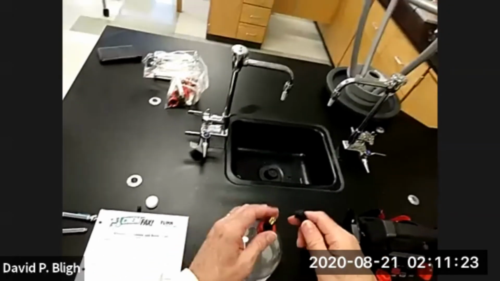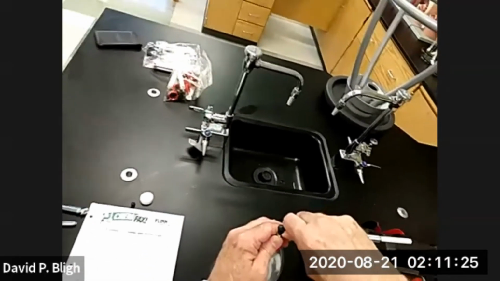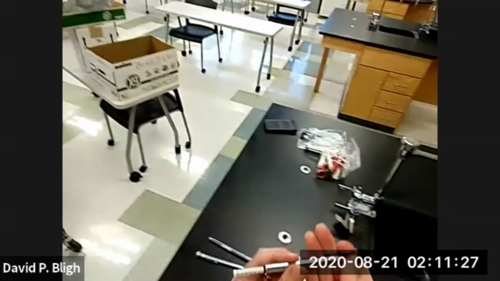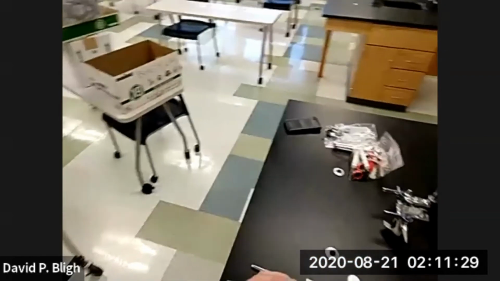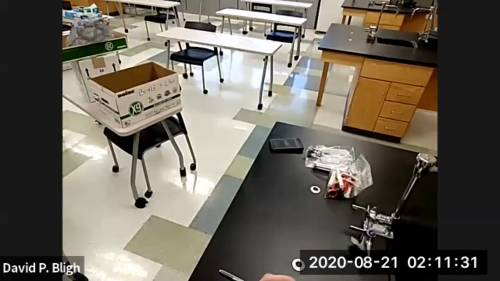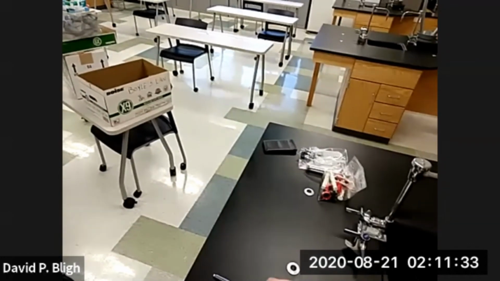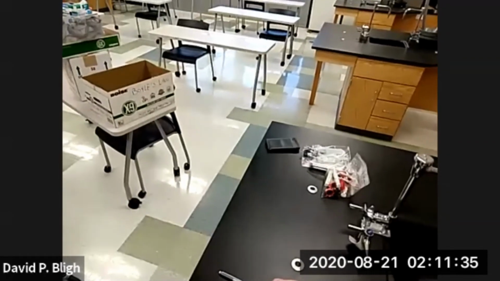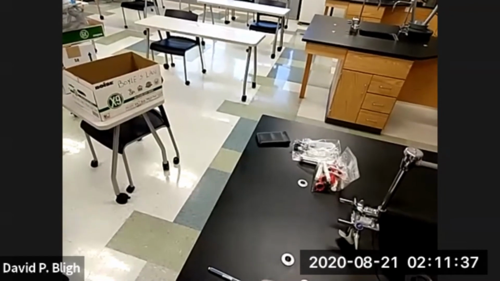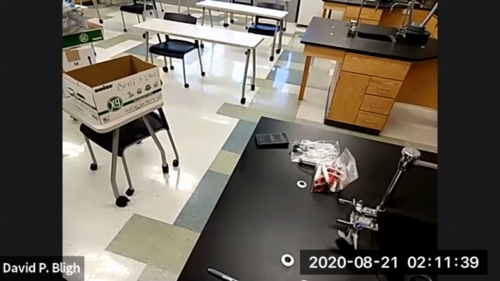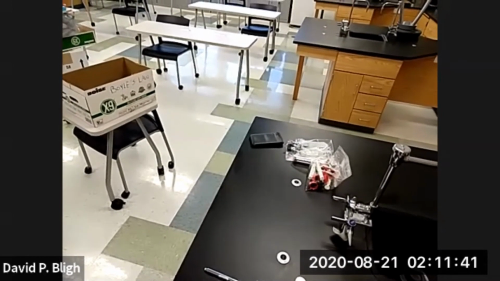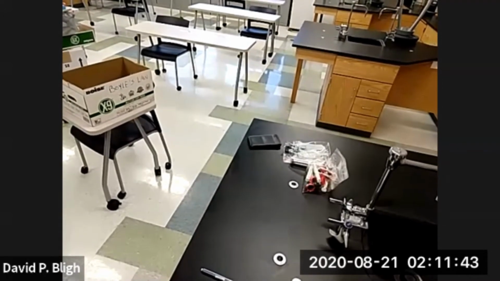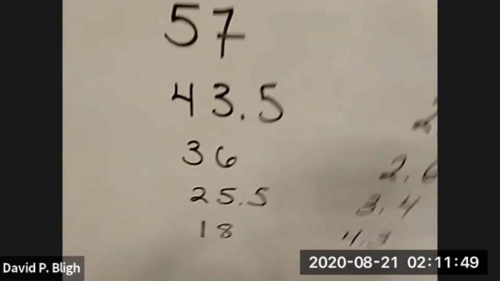Okay, let's take the pressure. Each one of these tick marks is a half. So that looks like 8, that's 8.5, 8.8 PSI.